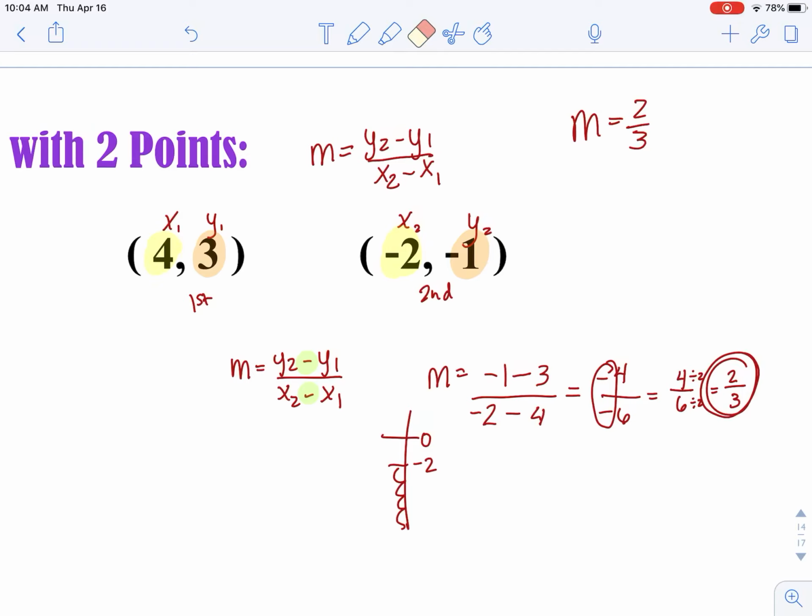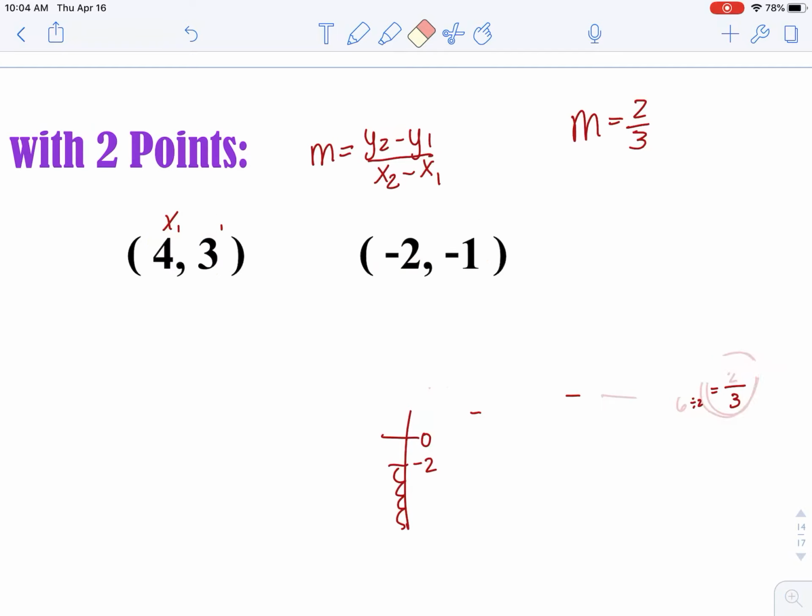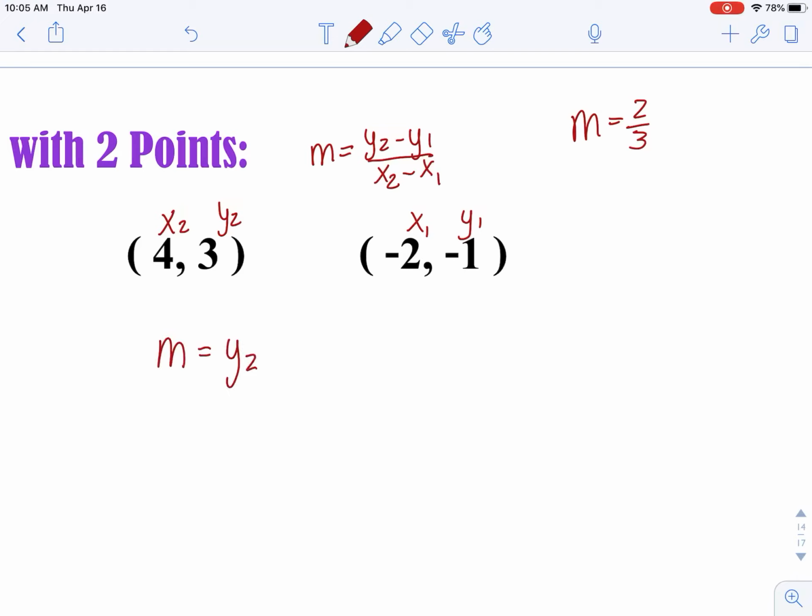Now, what if I had written them in the different order? Let's look. What if I would have said, actually, I want this to be my x1, y1, and this to be my x2, y2. That's fine. M equals y2 minus y1 over x2 minus x1.